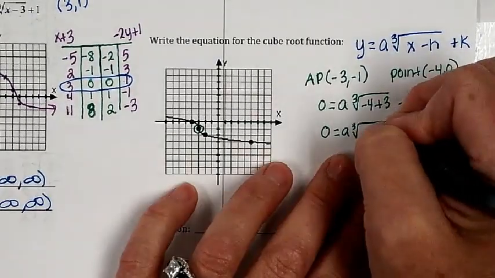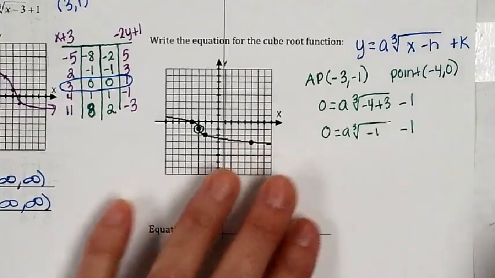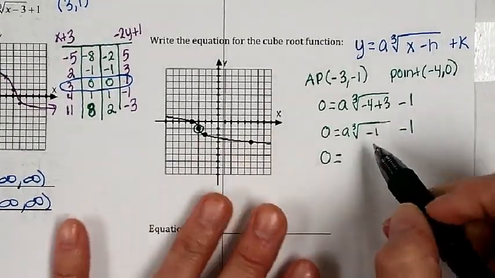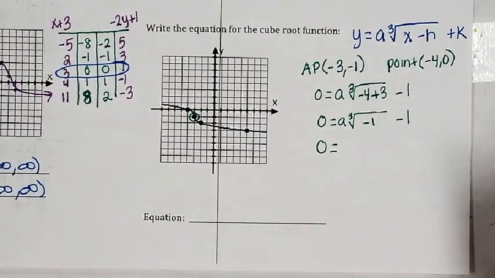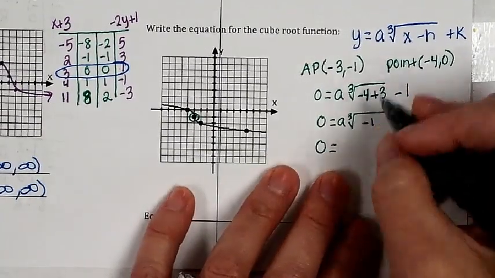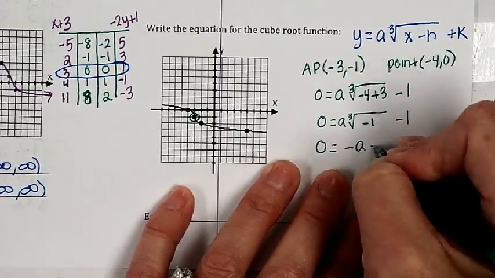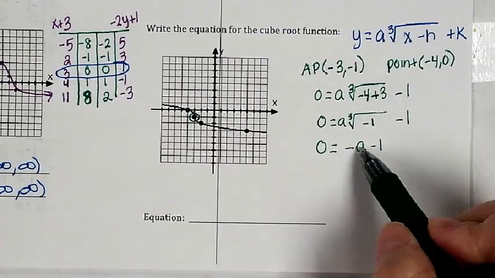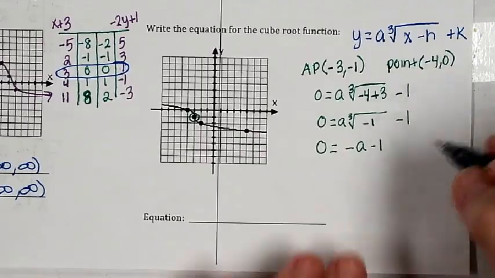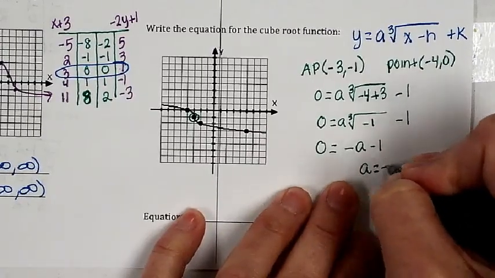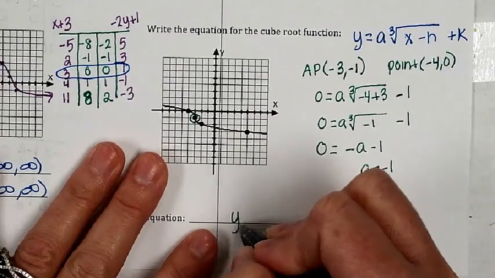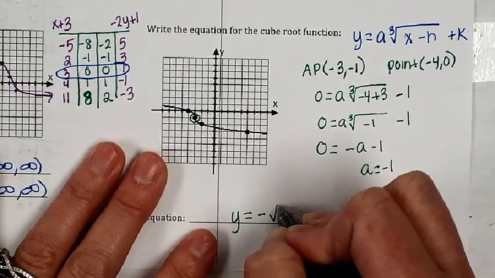The cube root of -1 is just -1. So this is -a minus 1. To solve for a, I'm going to just add a to this side to move it positive. So a is equal to -1. So your equation, y is equal to negative cube root of x plus 3, minus 1.